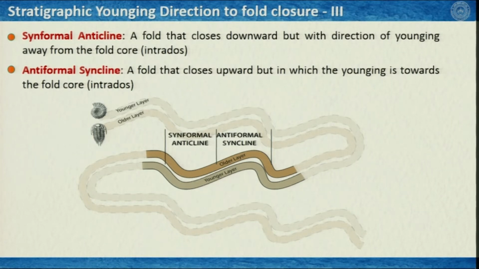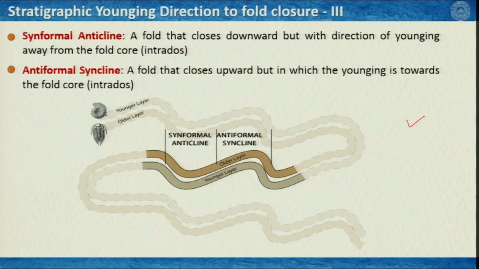And the reverse happens when you have an antiformal syncline, a fold that closes upward, but the younging direction is towards the fold core. Folds generally do form in this kind of structures like synformal anticline or antiformal syncline. It is a little complicated, but we will understand it with this illustration given here.